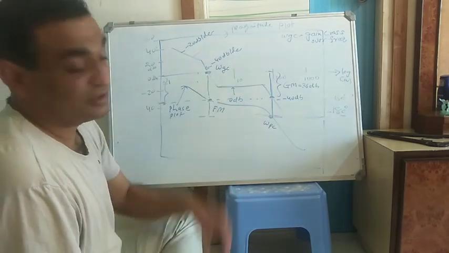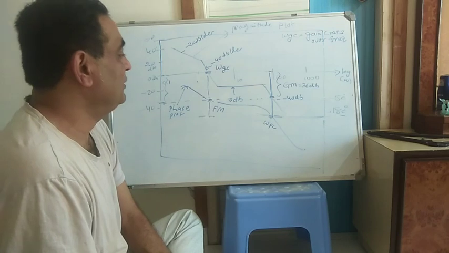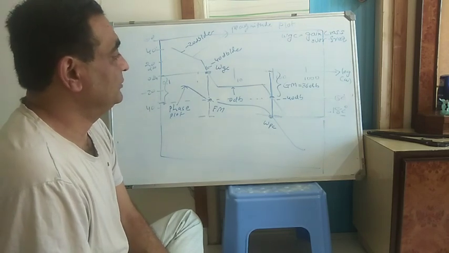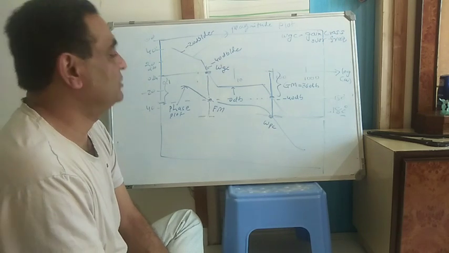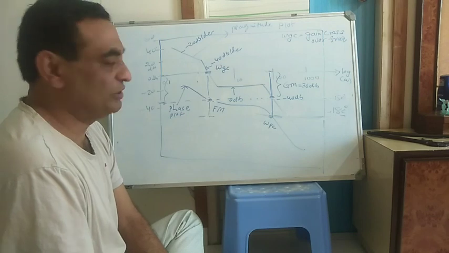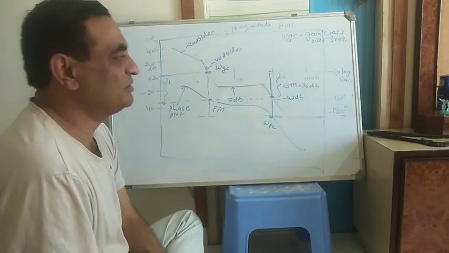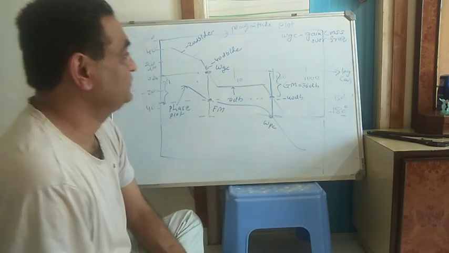From this you can ascertain the stability of the system, and this is closed loop stability. From the Bode plot you need to calculate the phase margin and the gain margin, and both should be positive. If either the phase margin or gain margin is negative, then the system is straight away unstable.